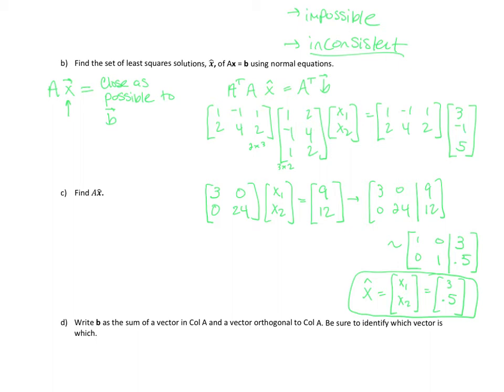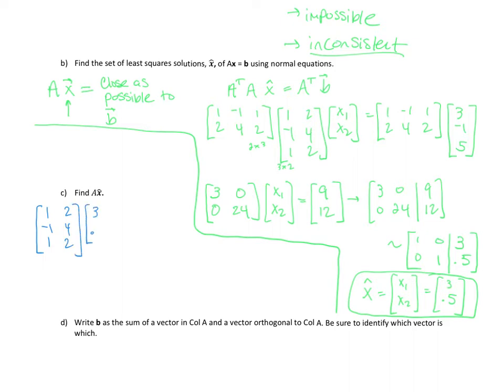Now the next part, part C. Find A times x hat. A is 1, -1, 1, and 2, 4, 2, and I want to multiply that times the x hat I just found, 3, 0.5.